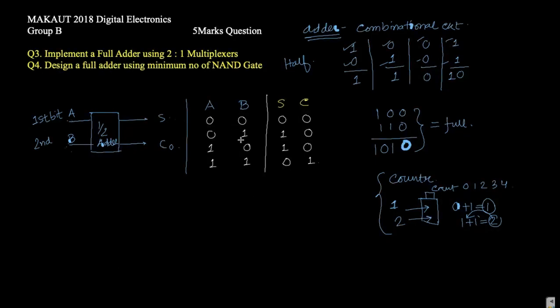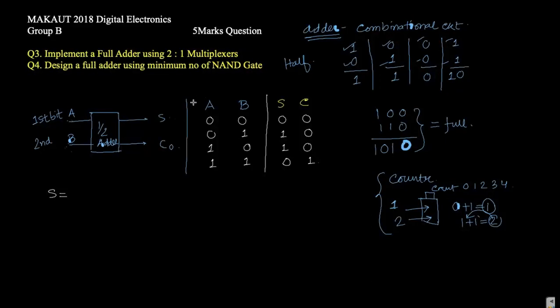Now, what is the expression for S? If you consider A, B and S, forget about the C first. Now you want to express S, so you treat A and B as inputs and S as output.